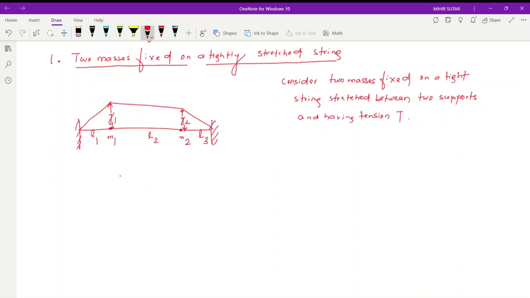Now, if you draw the free body diagram of both the point masses, let's say for point mass M1, this is the tension T at an angle of phi 1, okay, and this is tension T inclined with horizontal at an angle phi 2.